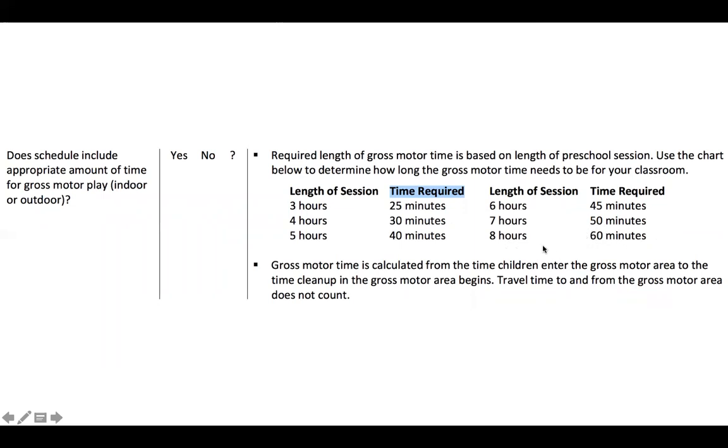You can have 2 30-minute recesses or indoor gross motor time, and then include an outdoor gross motor time. So this can help you when you're making your schedule, to use this as a guide to how much time you should have for outdoor time.